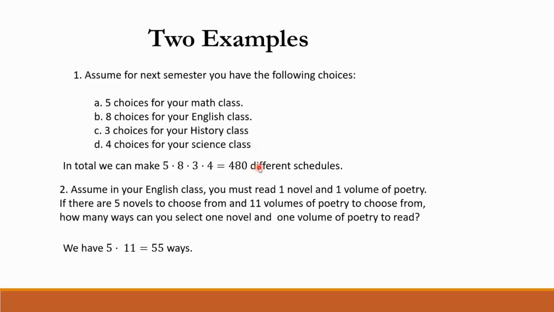Now, let's say in your English class, I haven't taken an English class in college, to be honest, except English 101 when I was a freshman. But let's say in that class, you have to read a novel and 1 volume of poetry. For some reason, you have to do that. Well, if there are 5 novels to choose from and 11 volumes of poetry to choose from, then you have 5 times 11 different ways, or 55 ways of choosing the novel and that volume of poetry.